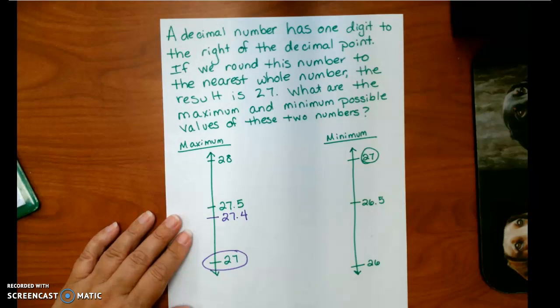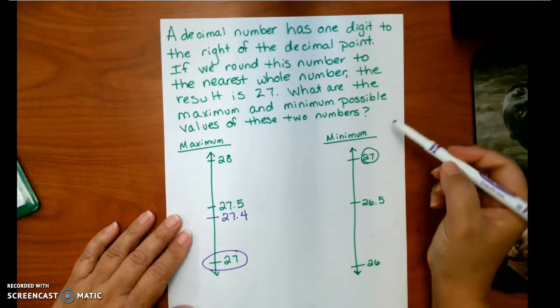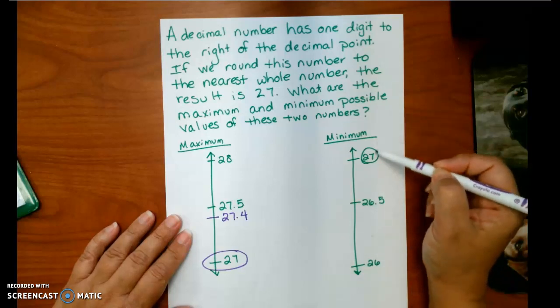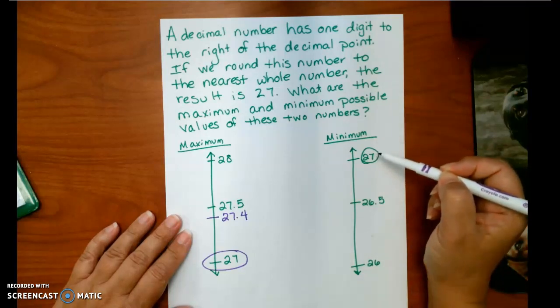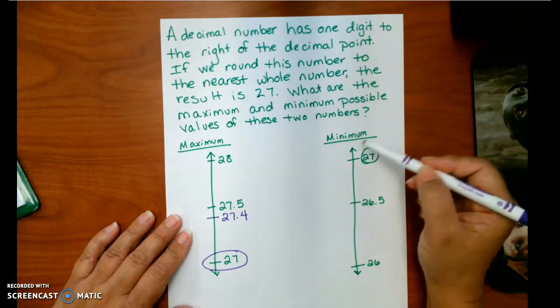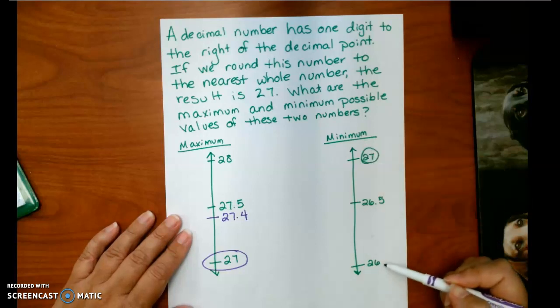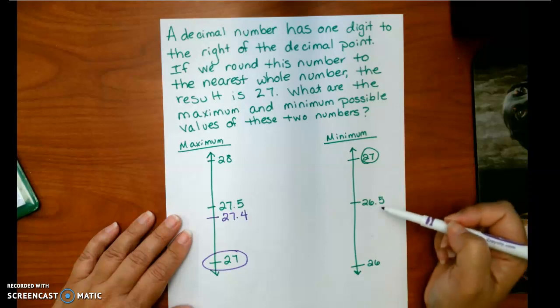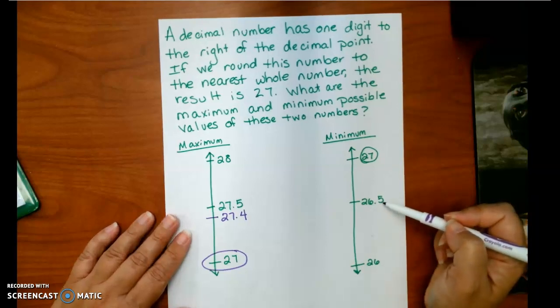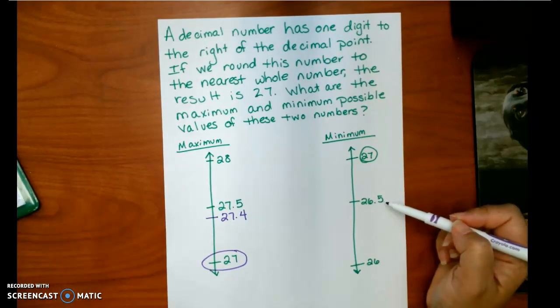Now, what is the smallest number that would round up to 27? Because I want to go to 27, the next whole number is 26. The midpoint is 26 and a half, or 26 and 5 tenths.